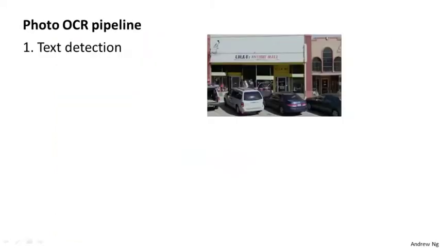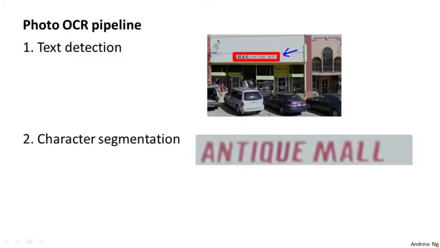In order to perform Photo OCR, here's what we can do. First, we can go through the image and find the regions where there's text in the image. So shown here is one example of text in the image that a Photo OCR system may find. Second, given the rectangle around that text region, we can then do character segmentation, where we might take this text box that says Antique Mall and try to segment it out into the locations of the individual characters.